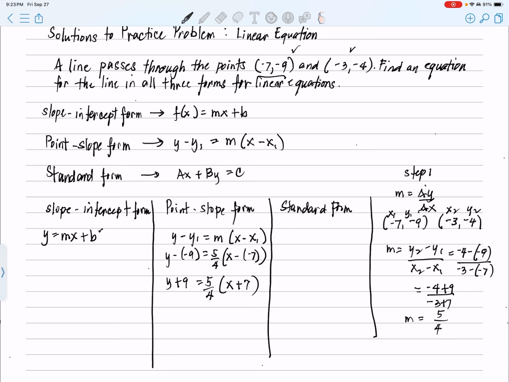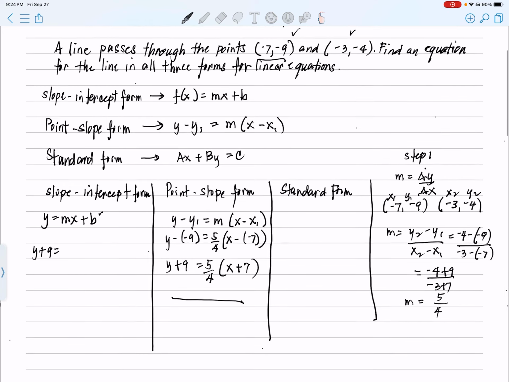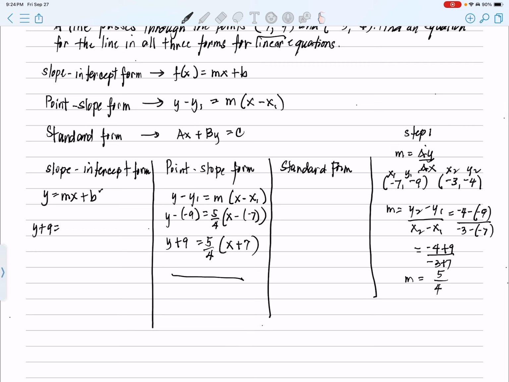This is already in a point-slope form. Okay? So from here, from the point-slope form, I will proceed in order to get the slope-intercept form. All right, let's do this.